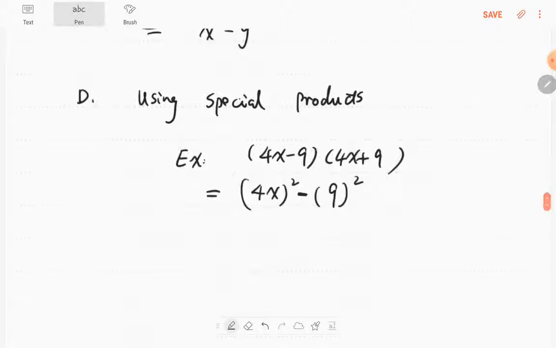So this is the special product. If we use the special product, we realize it's not necessary to use the FOIL method every time. We can simplify the answer.